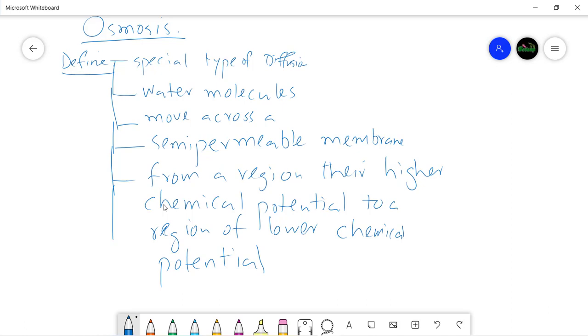So water molecules move across a membrane, and there are certain constraints as far as this membrane is concerned: it must be a semi-permeable or a differentially permeable membrane.